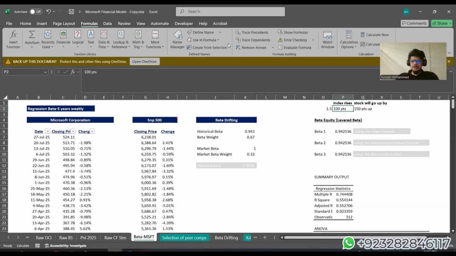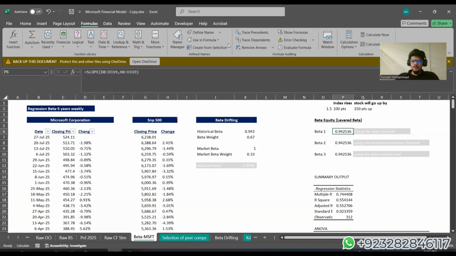Similarly, if the index falls by 100 points, the stock will go down by 150 points if the beta is 1.5. Similarly, if it is 0.94 and the index rises by 100 points, it will rise by only 94 points. And if the index falls by 100 points, the stock will go down by 94 points.